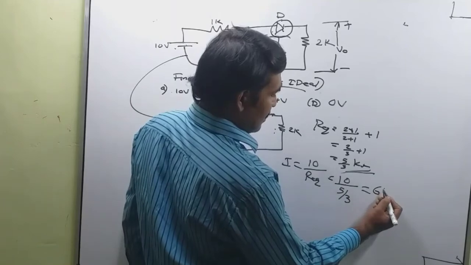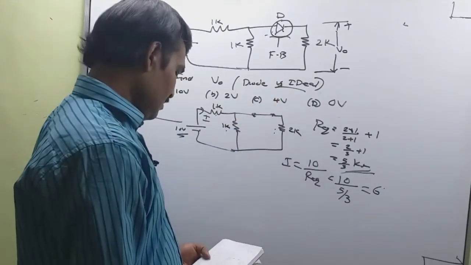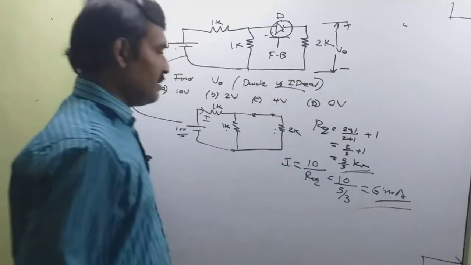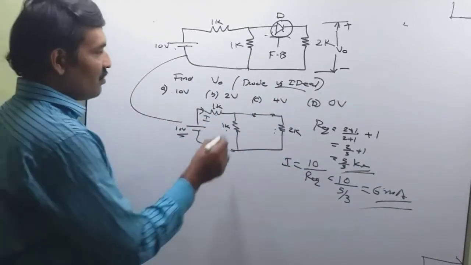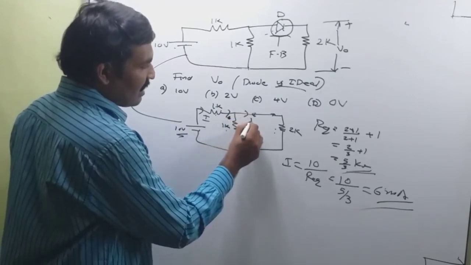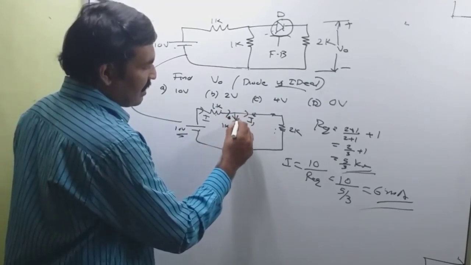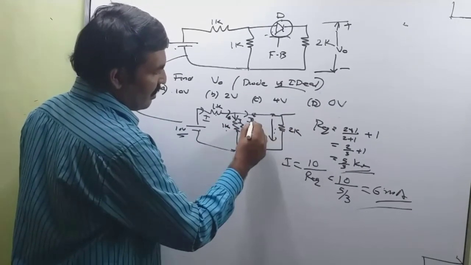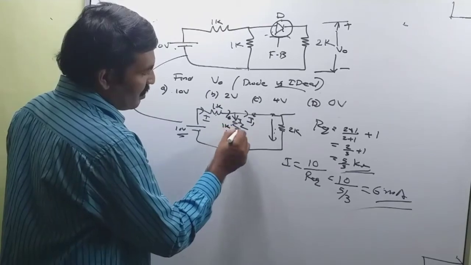that is equal to 6 milliamps. Now 6 milliamps comes to this point. This current is I1 and this current is I2. So the current passing through the 2K resistance is I1 and this branch is I2.